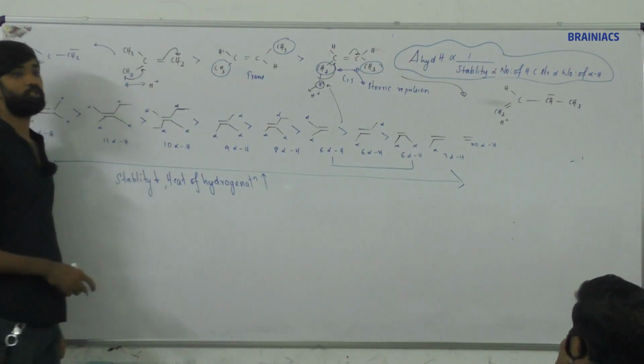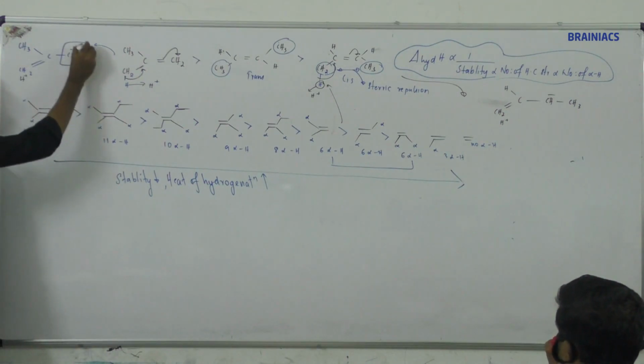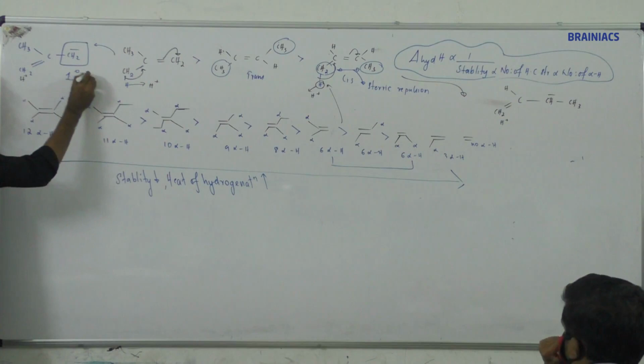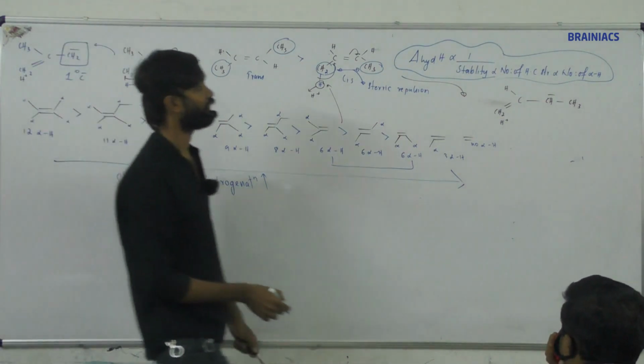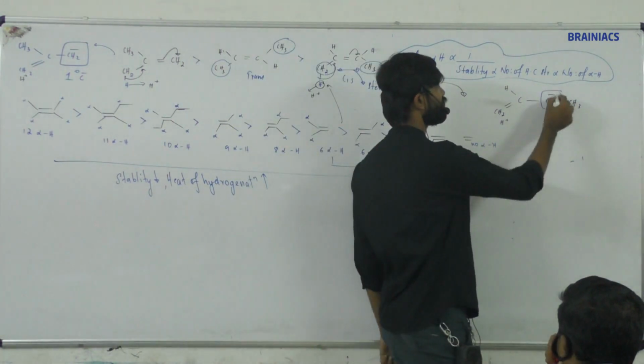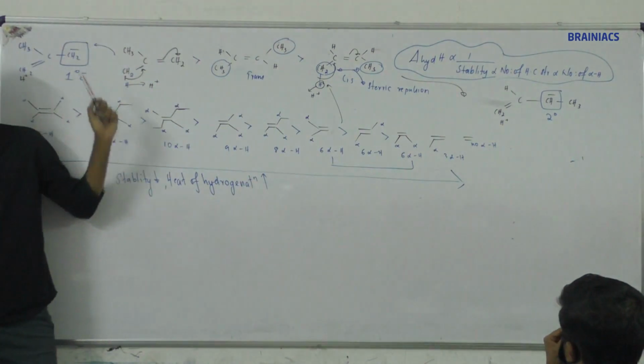Hyperconjugation of an alkene leads to the formation of a carbanion. Here the carbanion is a primary carbanion, whereas here the carbanion is a secondary one. Which carbanion is more stable? Primary. That's why this is more stable.